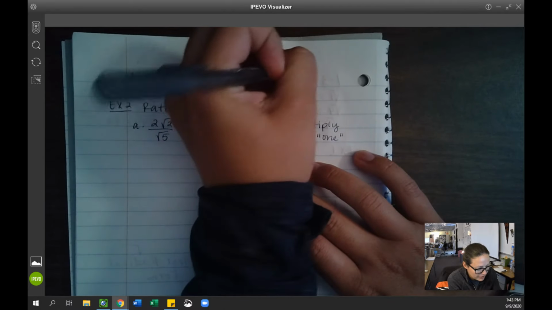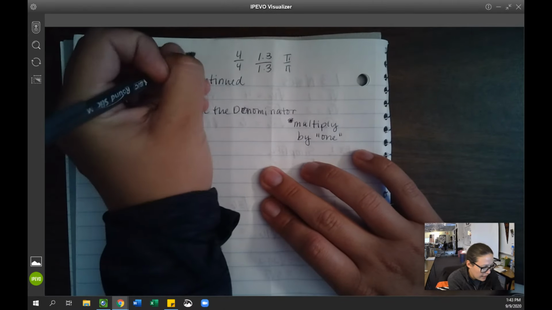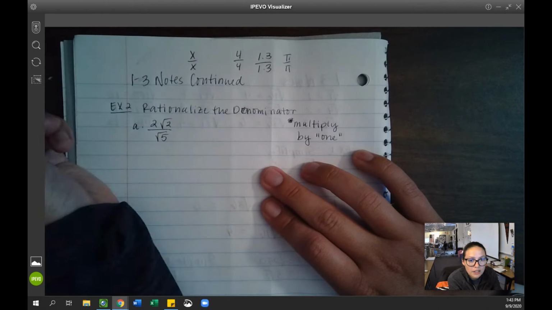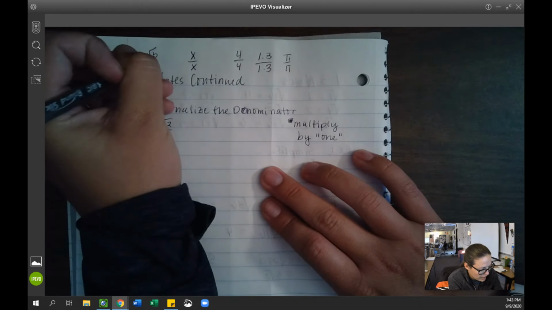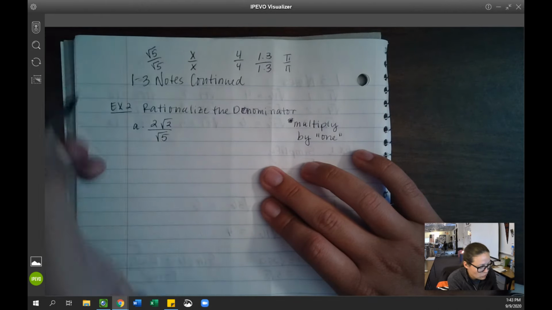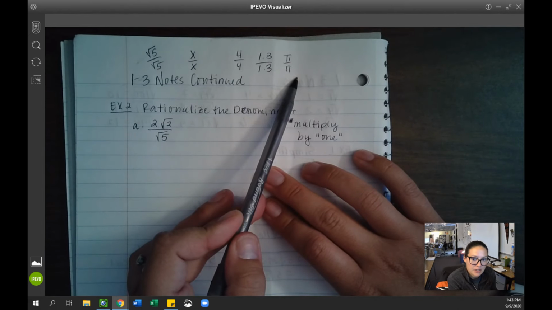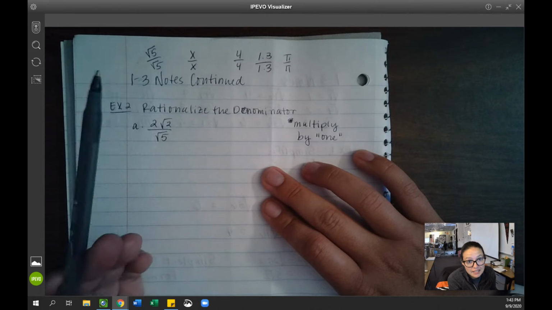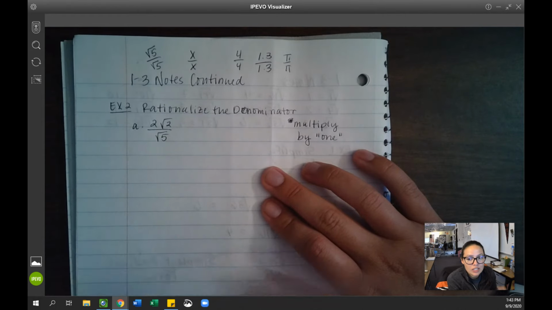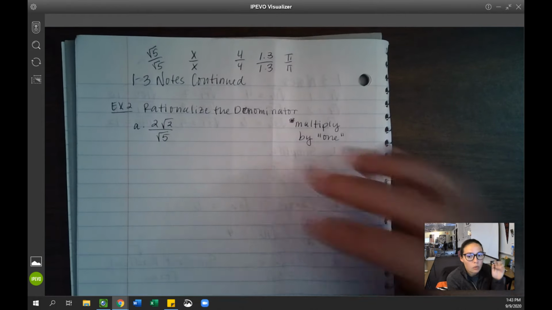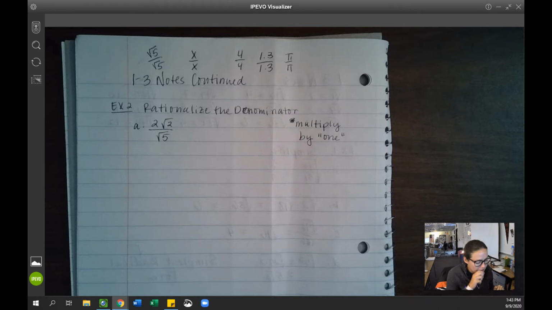Pi over pi is equal to 1. X over x is equal to 1. Square root of 5 over square root of 5 is equal to 1. Because anytime you write a fraction where both the top and the bottom are the same, that is equal to 1.